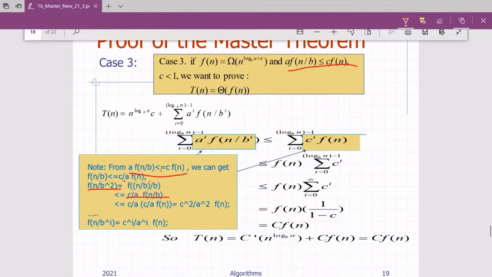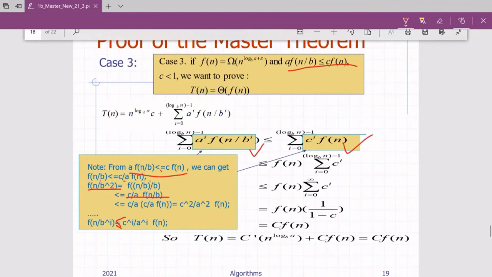That's why f(n over b^i) will be less than or equal to c^i divided by a^i times f(n). And here, we move a^i to the left side of the inequality. So we'll get here.